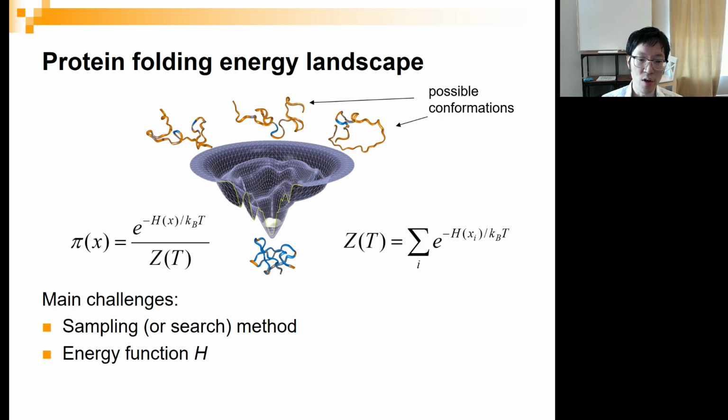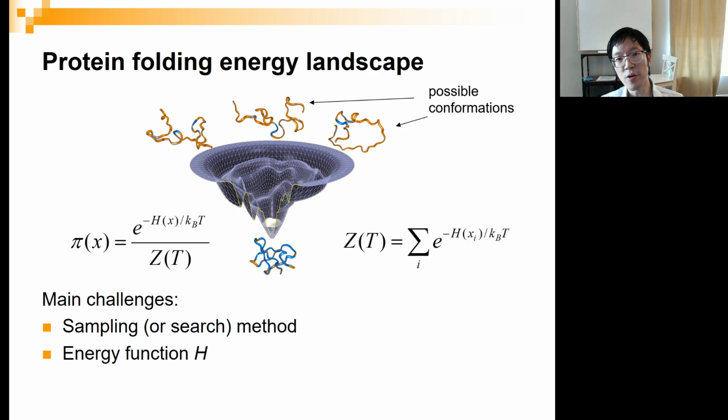And secondly, in order to do this well, we also need an accurate energy function. Most energy functions that are used for computation are approximations at best. To be usable in an optimization procedure, they also need to be as accurate as possible while still being computationally feasible to use.